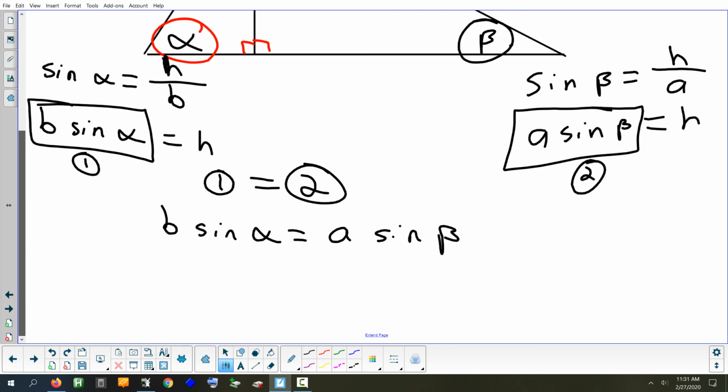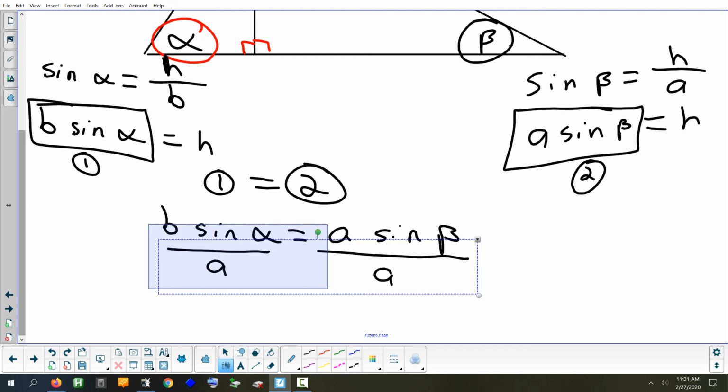Now, what they usually do with law of sines is they like to put the A over with the alpha and the B over with the beta. So let's move the A over to the other side. Divide by A. And how would you move the B over to the other side?